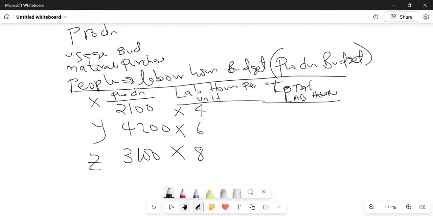So then the total will be 2100 times 4, which gives us what figure, ladies and gentlemen? Pretty fast. We have less than 10 minutes. 8400. And then now we have 4200 times 6, what figure shall we get? 25,200.